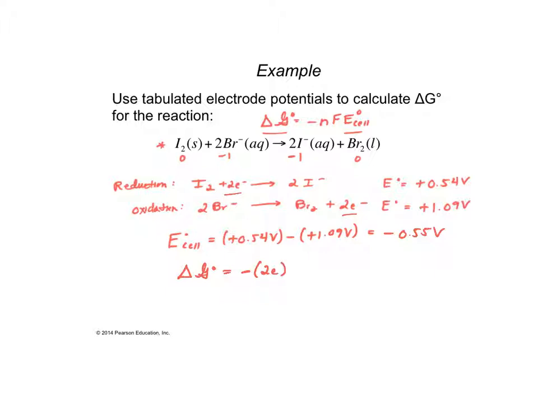So we have 2 electrons times Faraday's constant, 96485, times the cell potential, minus 0.55 volts. When we multiply all that together, we get a positive 106,133 joules, which we convert to a positive 106 kilojoules.